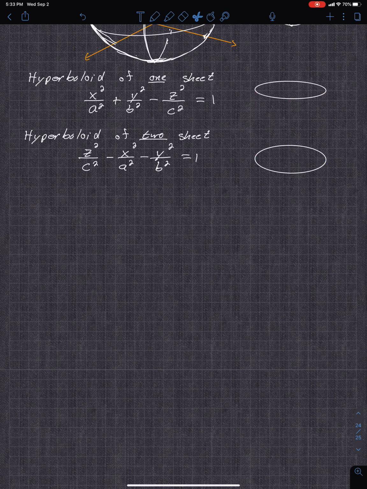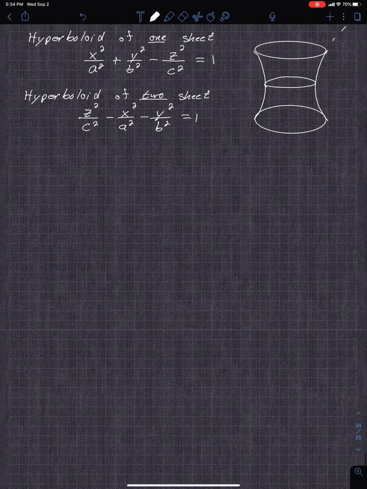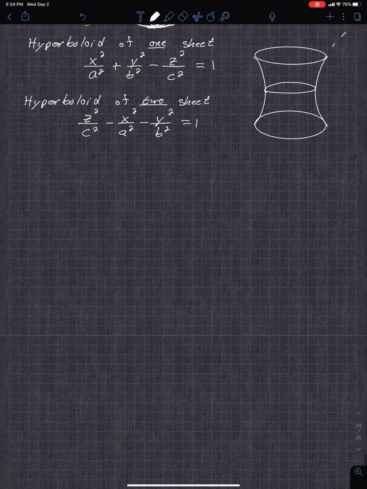Okay, so those are like the ends, but it keeps on going, like it doesn't stop. And then the sides, like this, are hyperbolas. Okay, and then it keeps on going forever. And in the middle, those are ellipses or circles, depending on the situation, like the coefficients and stuff.